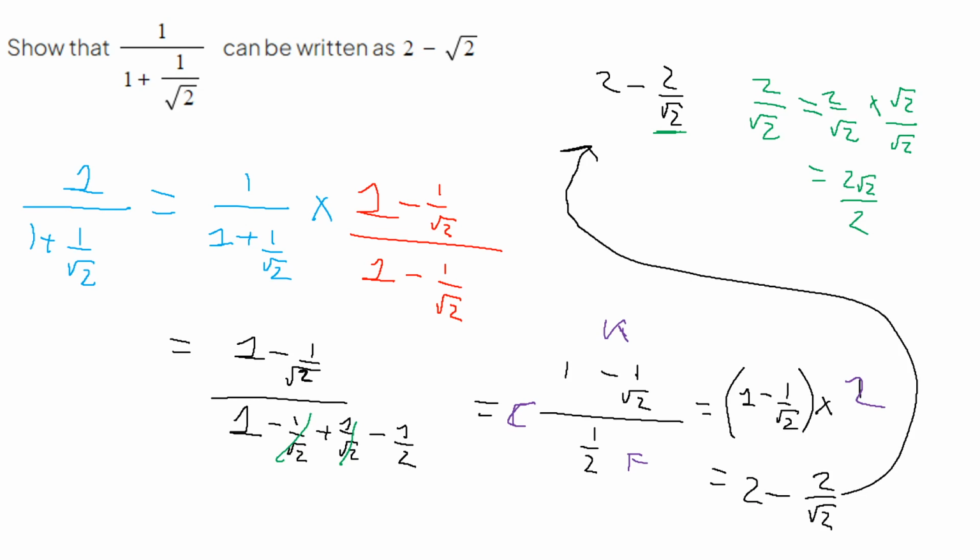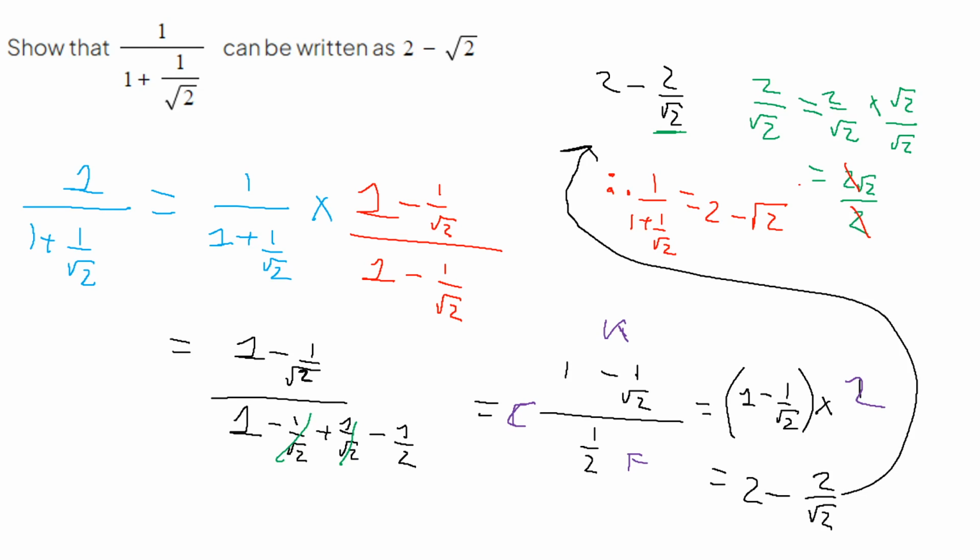And as you can see, the 2's will cancel out, so we're left with root 2, and therefore 1 over 1 plus 1 over root 2 is equal to 2 minus root 2.